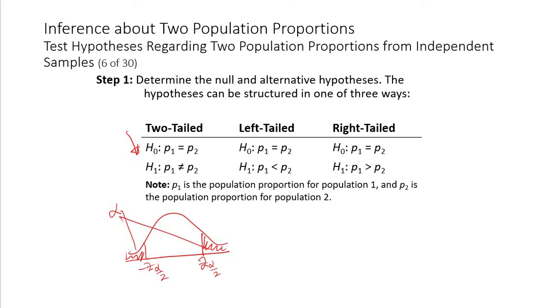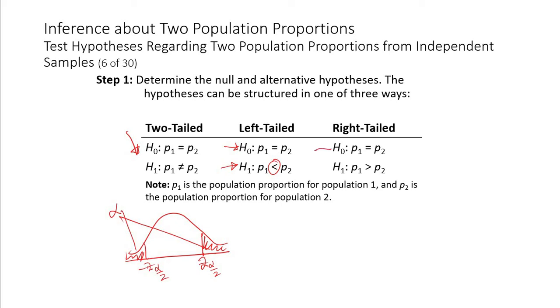We're going to write the null hypothesis as a statement of equality, and the alternative hypothesis as a statement of inequality using less than. We know that P1 is the population proportion for population number 1, and P2 is the population proportion for population number 2.